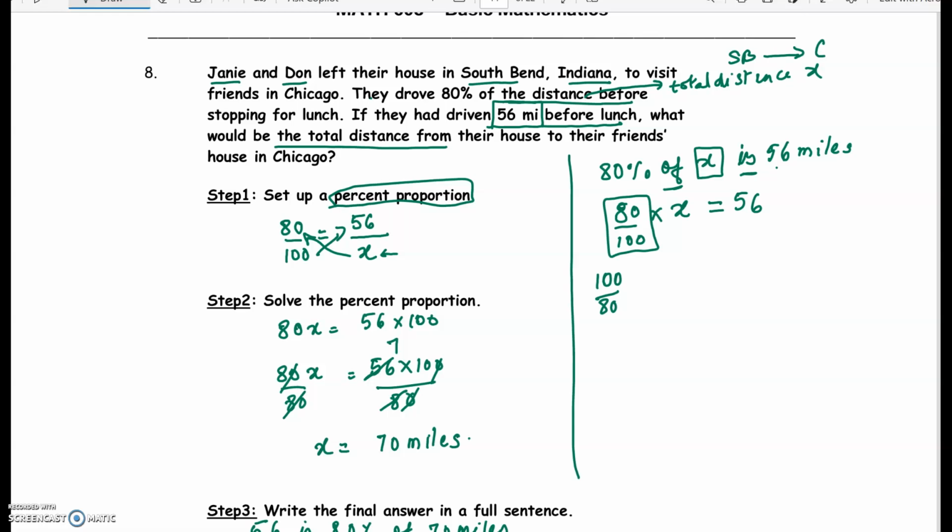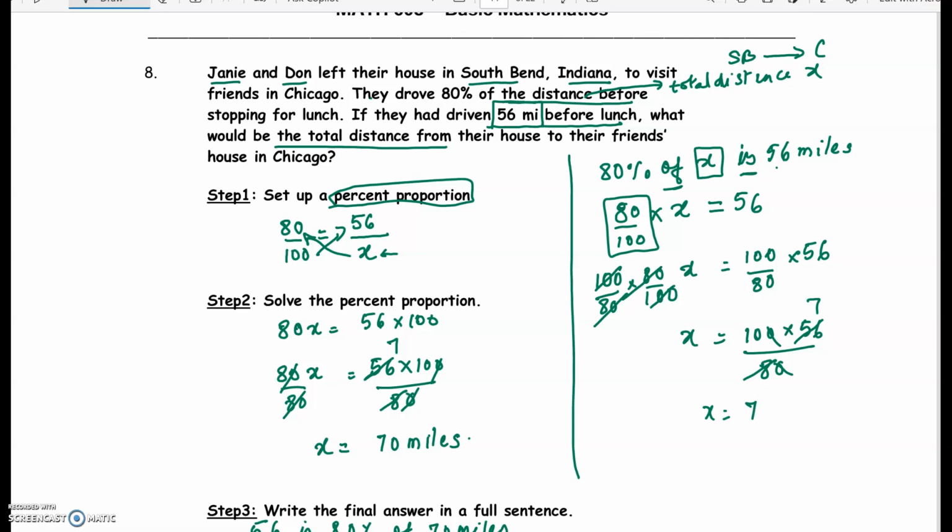Dividing by 80 over 100 is the same as multiplying by 100 over 80. x is equal to 100 over 80 times 56. x is equal to 100 times 56 over 80. 8 sevens are 56 and you get x equals 70.